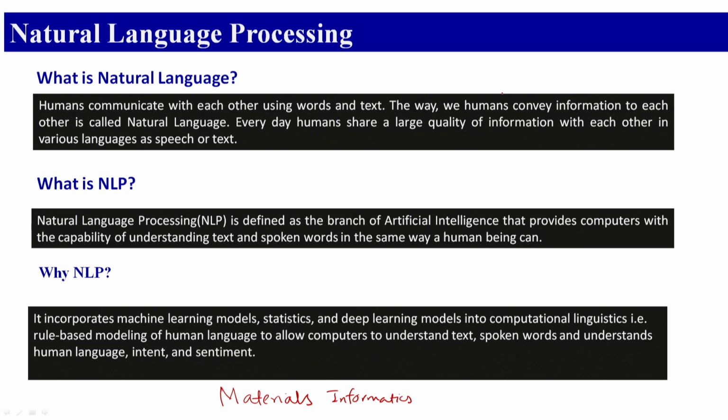So, can I combine machine learning, deep learning or statistical models into computational linguistics, a rule based modeling of human language, which can allow computers to learn and understand the text, the written and spoken words, the way I am speaking to you, and also understand human language in terms of intents and sentiments? That is what NLP is supposed to do.